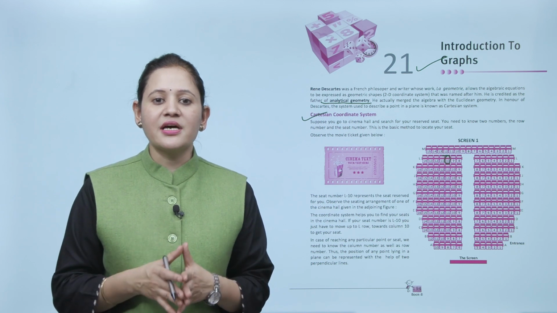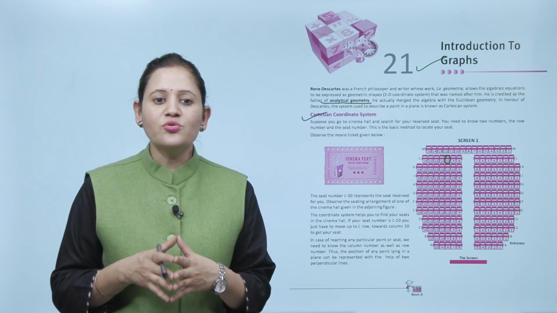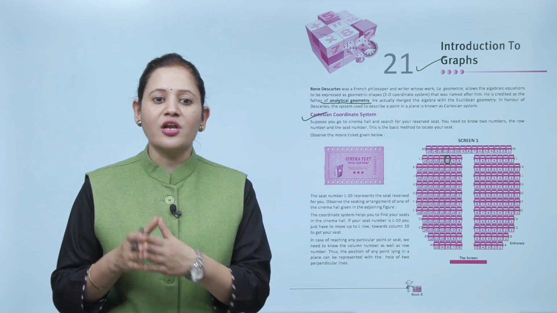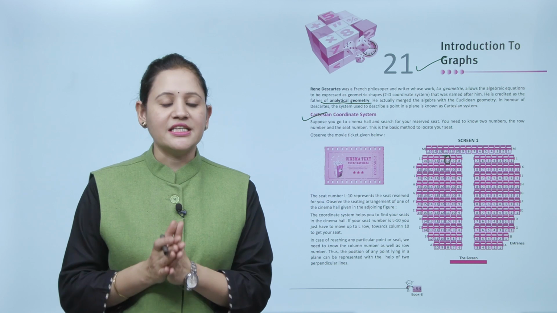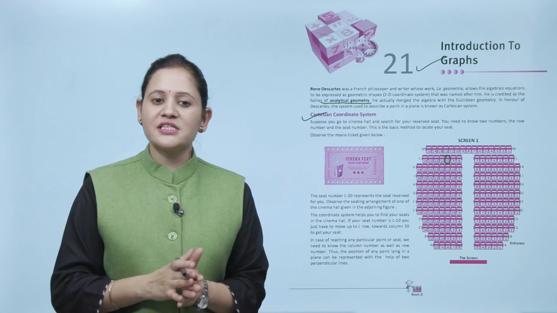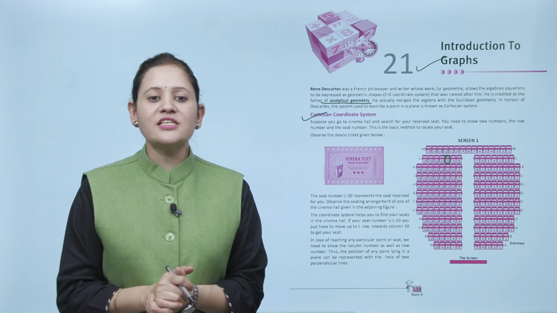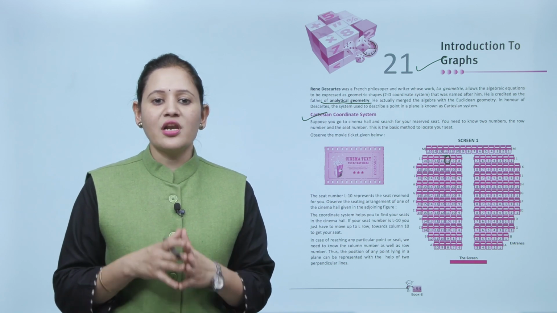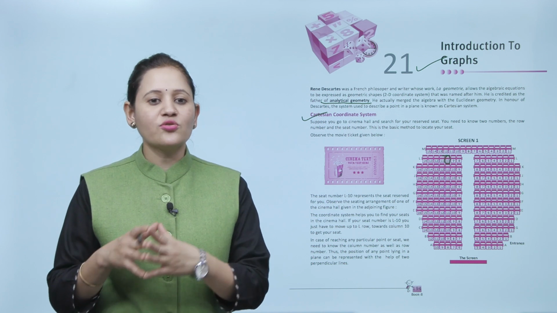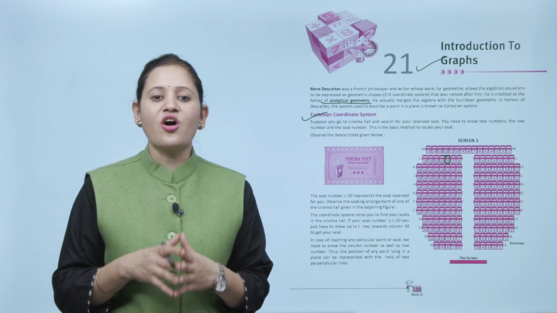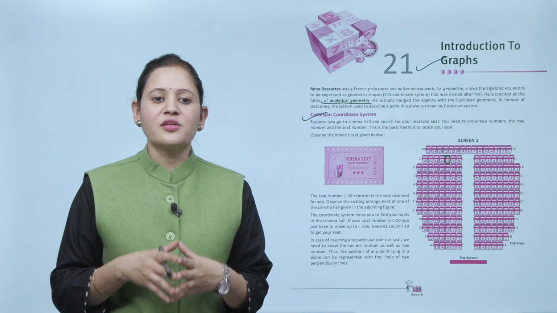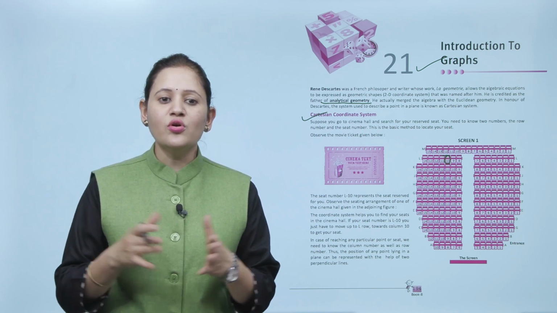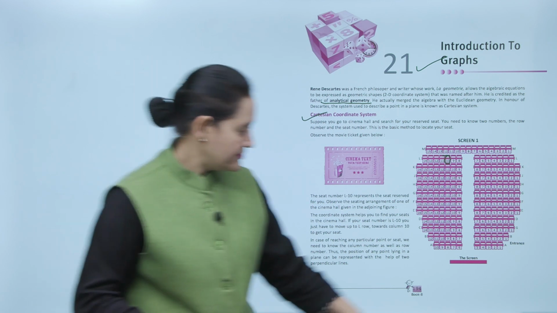If your seat number is L10, you just have to move up to L row toward column 10 to get your seat. In L row, the seat number 10 is yours. To reach a particular point or seat, we need to know the column number as well as the row number. Thus, the position of any point lying on the plane can be represented with the help of two perpendicular lines.